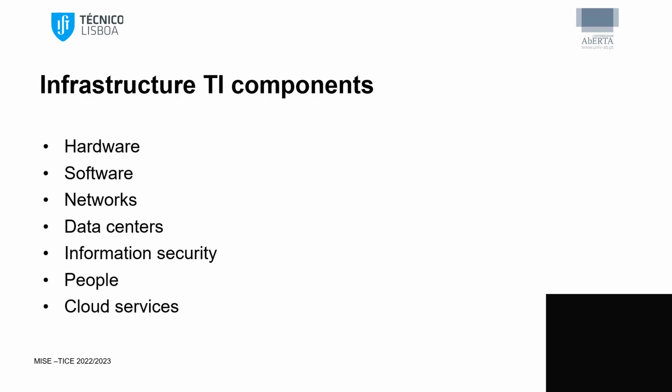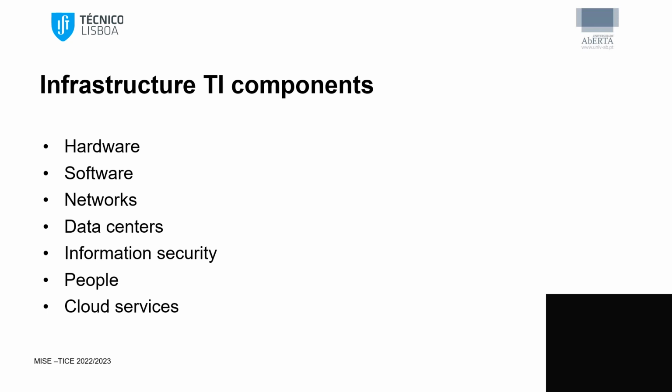The IT infrastructure includes various interdependent components. Here are some of the key components of IT infrastructure. Hardware includes computers, servers, storage devices, network devices, and other physical equipment that make up the IT infrastructure. Software includes operating systems, applications, databases, and other software tools used to manage and process data.